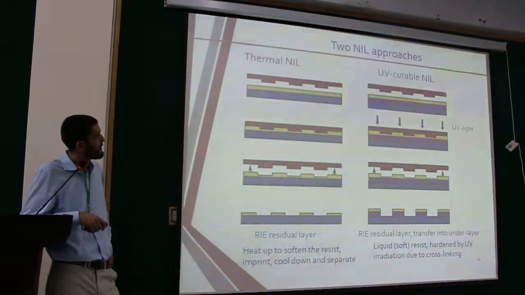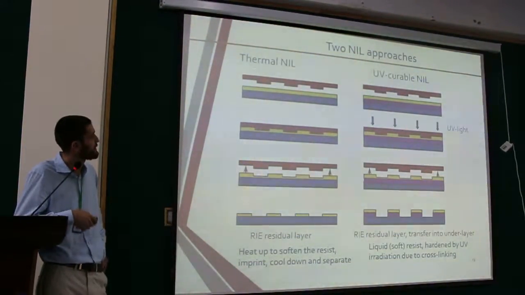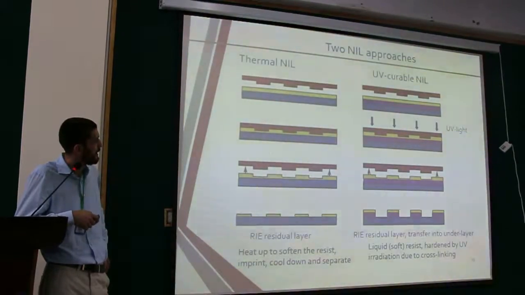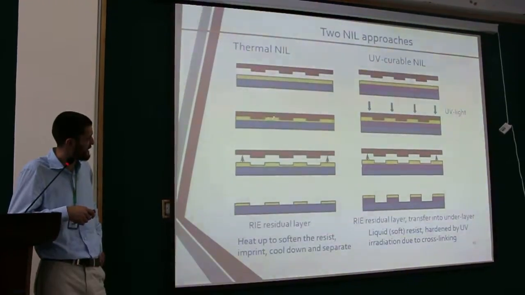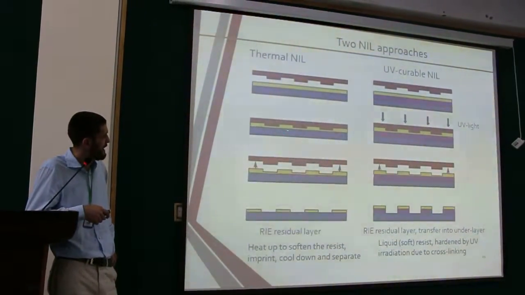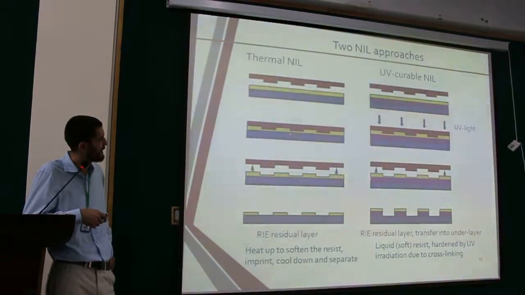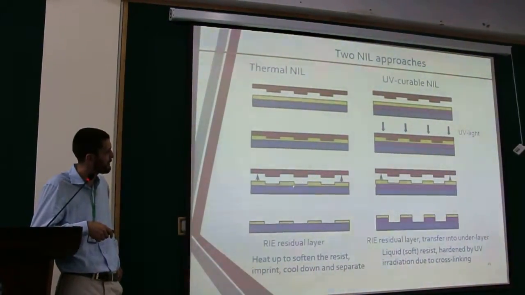We have two different approaches. One is classical thermal nanoimprint technology, where you have a mold and a substrate. You heat both to reach a temperature that is higher than the Tg of the polymer that you are using as resist. Then by pressing the mold on the sample, you are simply replicating the structure that you have in the mold.